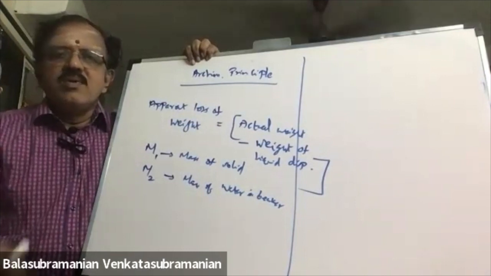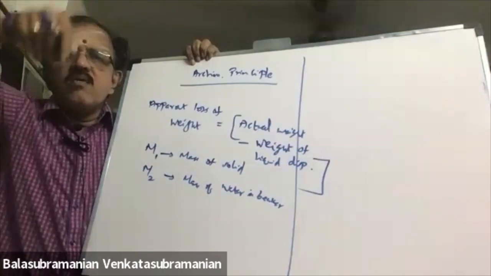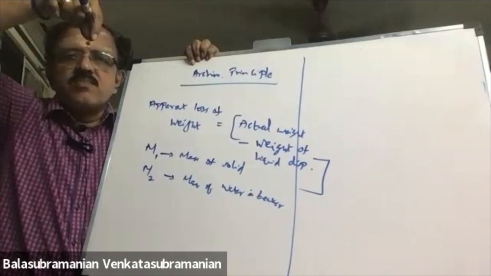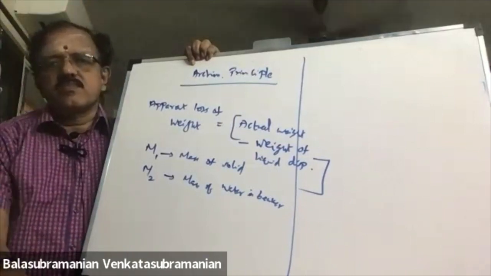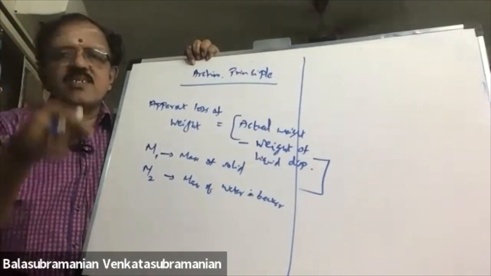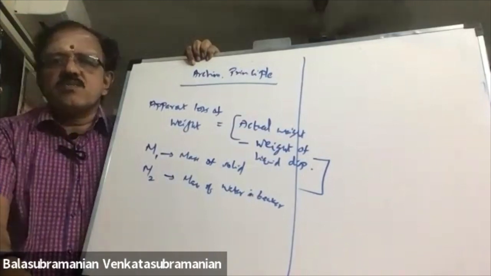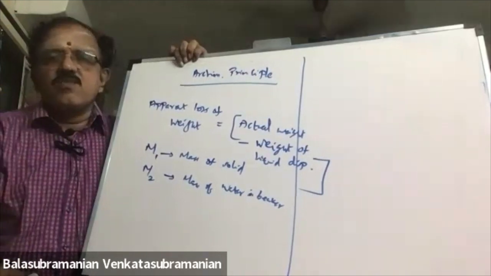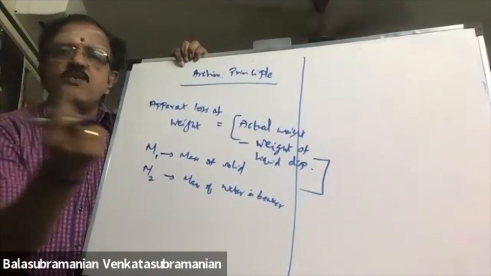Now, you just keep the stone, tie the stone with a thread, hang it. Just immerse it in water. How much height it has raised? You find out. That is called the volume of the liquid.